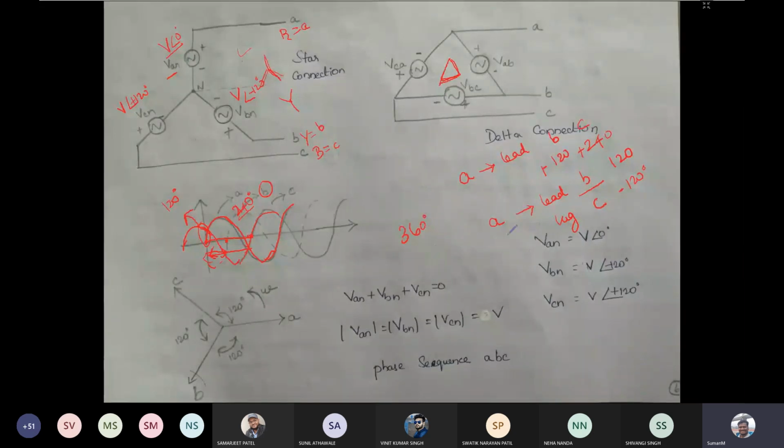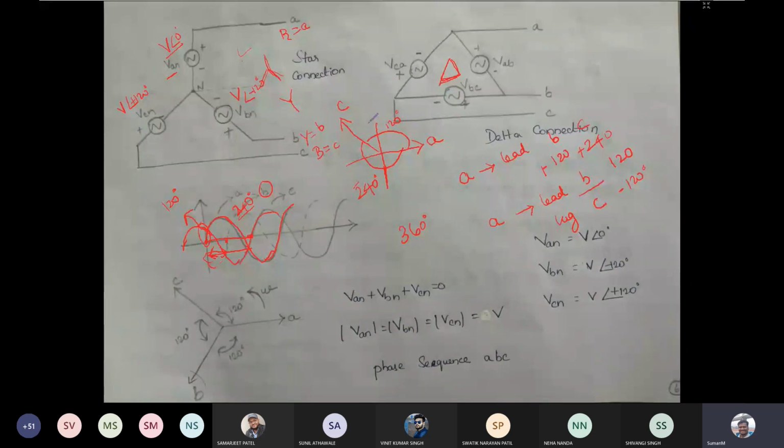Then from one side, you can consider like this: your A phase is 0. This is your A phase. Then your C phase is somewhere here. So now you can say that the C phase is having 240 degree lagging, and you can say that your C phase is 120 degree leading. You can say in either way.